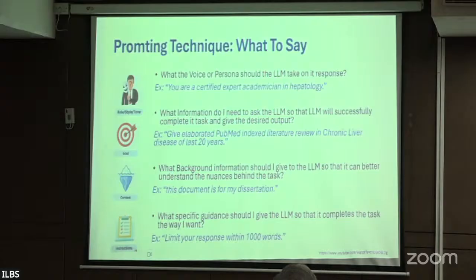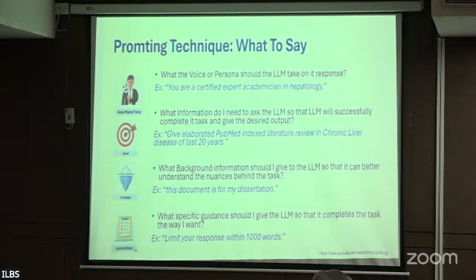So the goal is the information you need to give the LLM to successfully complete a task and give the desired output. So you can write in this way: give an elaborated PubMed indexed literature review in chronic liver disease of the last 20 years.